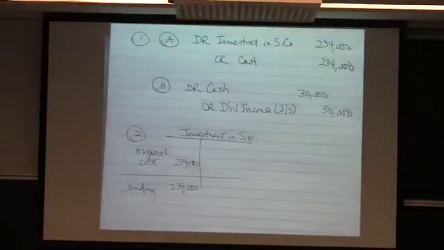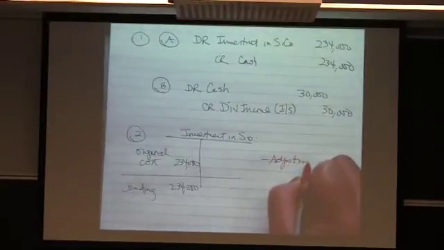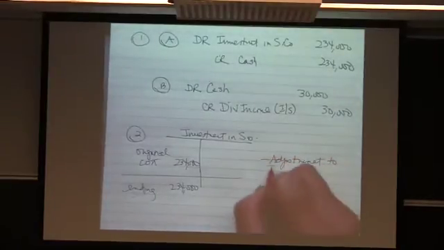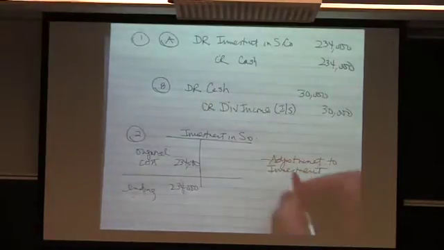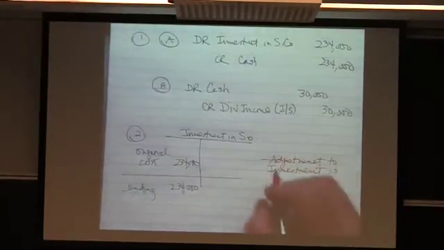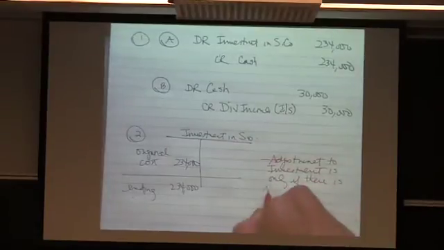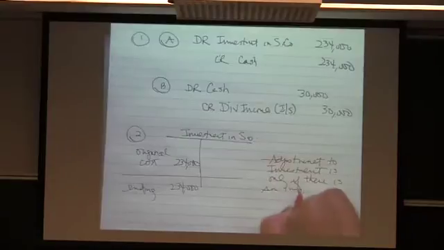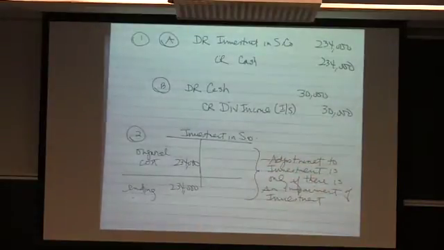So that's the only way we adjust. Adjustment to investment, okay, is only if there is an impairment of investment. That's the only adjustment. That's the only time we would adjust for that.